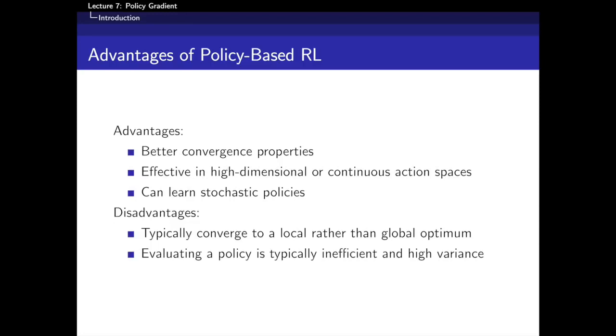So, disadvantages. The main disadvantage is that naive policy-based reinforcement learning can be slower and higher variance and less efficient than value-based methods. I think the way to think of this is that value-based methods, when you use the max, are extremely aggressive. This max in one step is trying to improve your policy in the direction that absolutely pushes you all the way to what you currently think is the best policy.